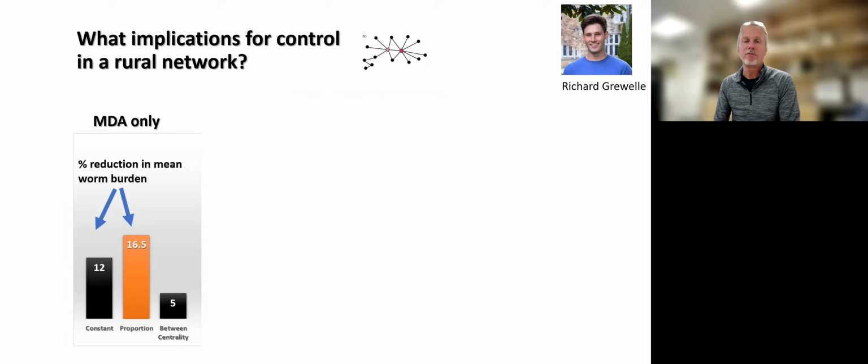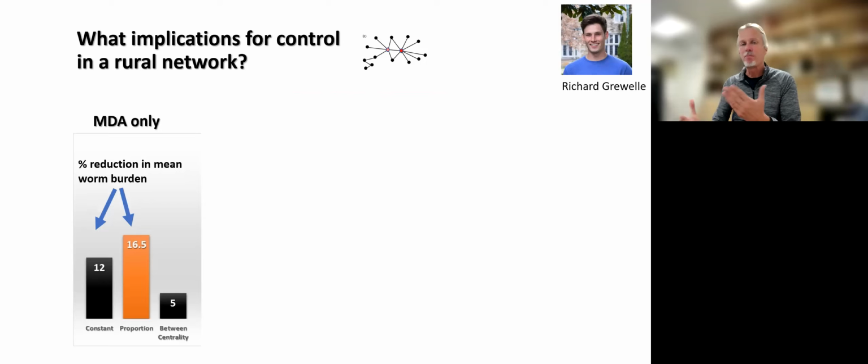You treat everybody or a lot of people in the population. When we say constant, it means we treat all the nodes at the same level without looking at what actually happens in the nodes. So basically we treat everything uniformly without knowing any better.